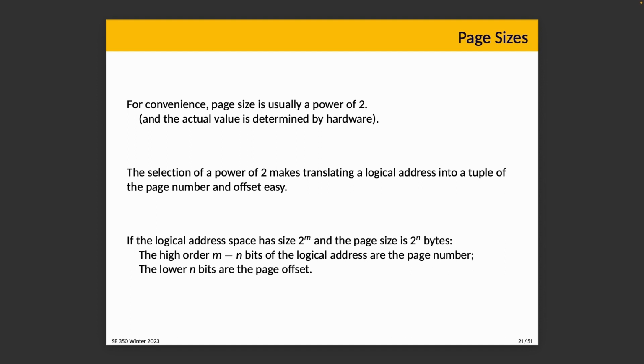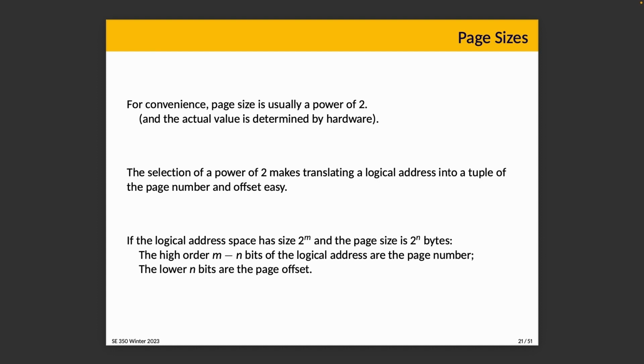Well, if the logical address space has 2 to the power of m, like 2 to the power of 32, and the page size is 2 to the power of n, where n makes it so we have 4K, the higher order m minus n bits are the page number, and the lower n bits are the page offset. And 4K is a nice number.